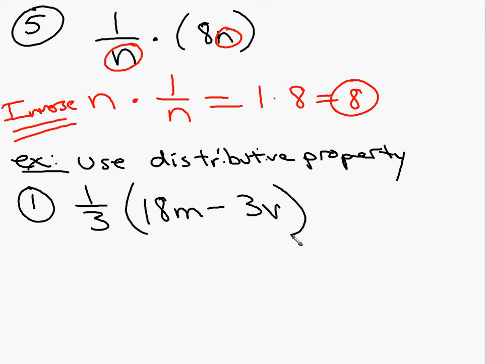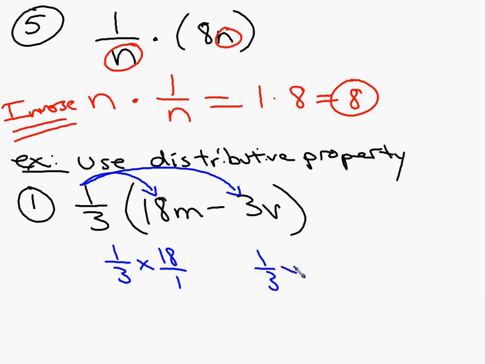We're still going to use it the same way. All right, but watch carefully. When I distribute this multiplication on this problem, I'm going to multiply 1/3 times 18. So that's one problem. 1/3 times 18, and I need to put it over 1. And I also need to multiply 1/3 times 3.